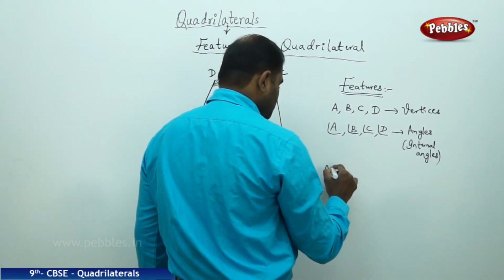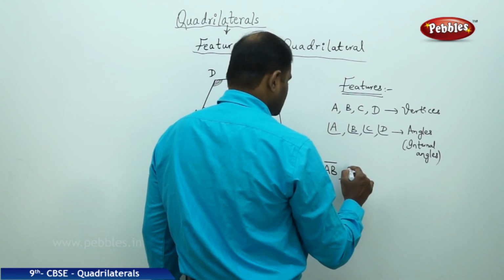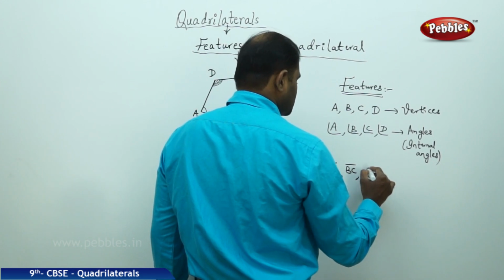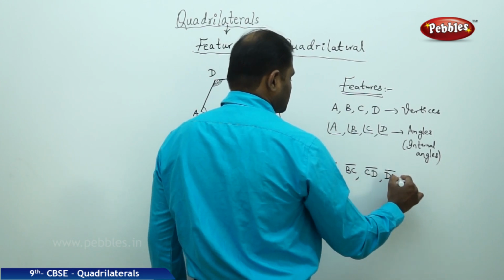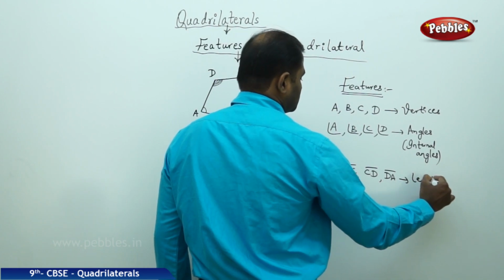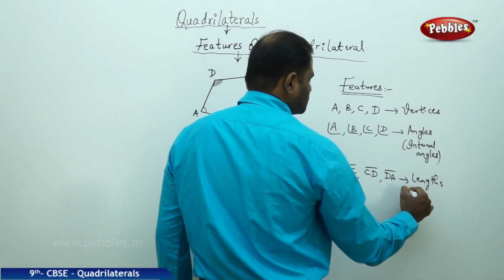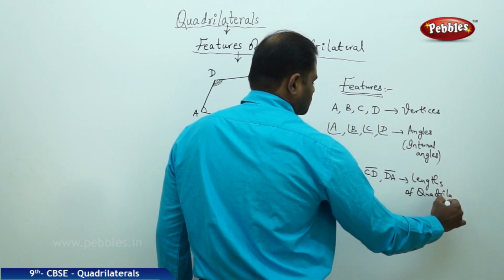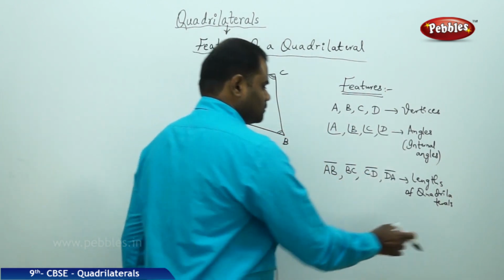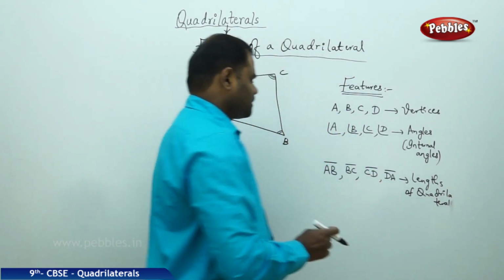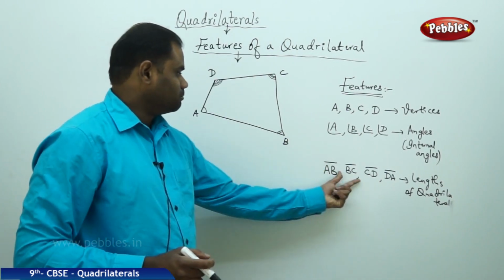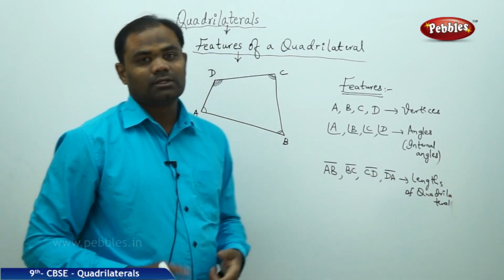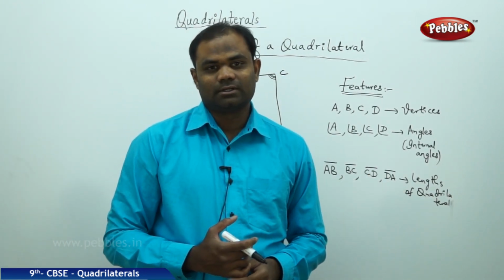The line segment AB, the line segment BC, the line segment CD and the line segment DA are called lengths of quadrilateral. So here AB, BC, CD and DA are called the lengths of the quadrilateral.